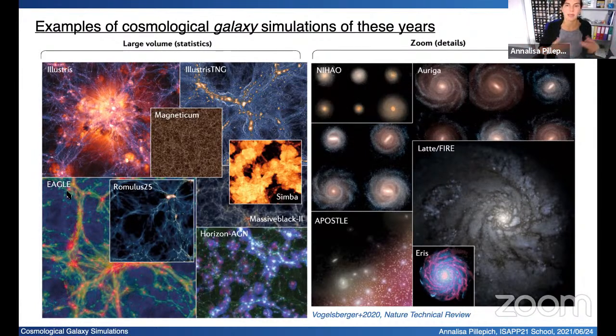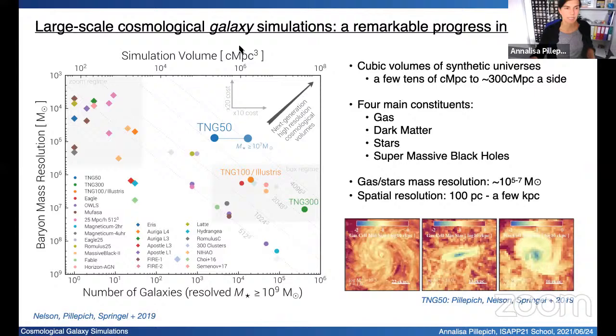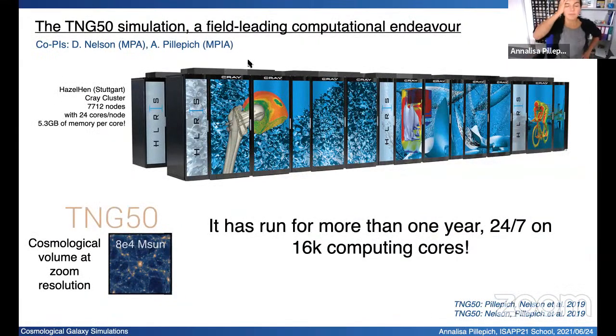They really set a new era for this kind of simulation. I skip here. I would think that the forefront today of this kind of simulation is represented by a model that I've been working on.